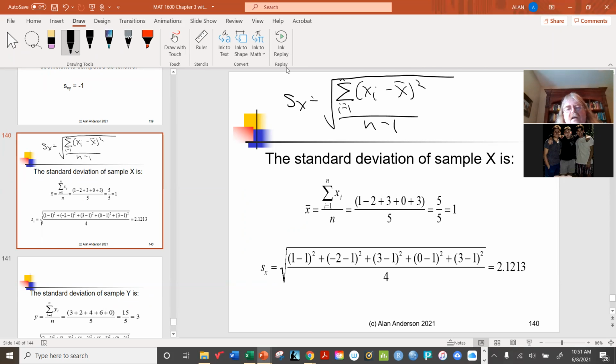You go through all the x's, and in each case, you're subtracting the mean of 1. You square them, add them up, divide by, in this case, 4. Okay, remember, n is the sample size. And when you're done, you'll have approximately 2.1213.